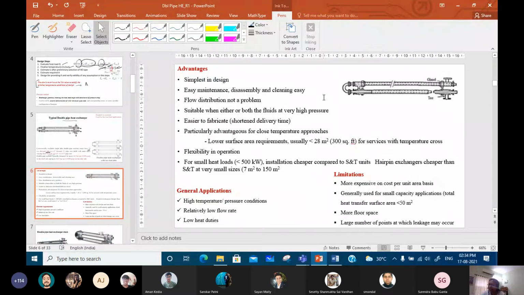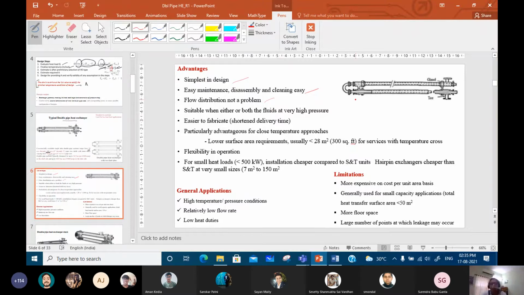The next thing is, in a double pipe heat exchanger, we know that the flow can be approximated by a true co-current or a true counter current flow. So therefore the flow distribution, etc., is also not a problem. There are very few dead zones, and therefore the uniformity of flow can be very easily ensured. And it is particularly suitable when both the fluids are at high pressure.